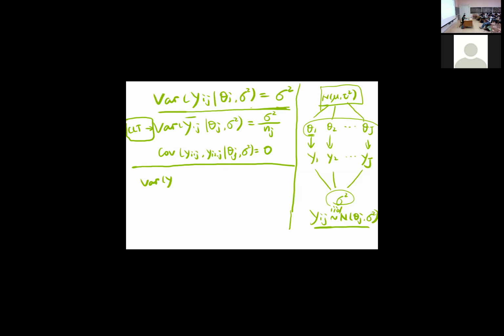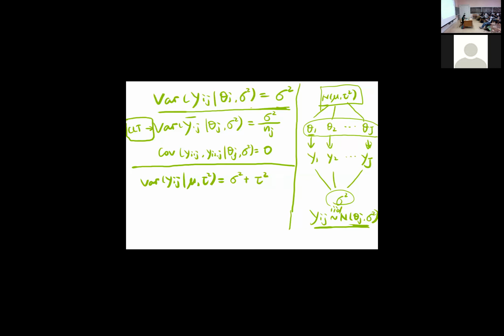If you have done it correctly, in the hierarchy, once you don't condition immediately on the parameter in the model, but one step lower, the variance of Yij given mu and tau squared is going to give you sigma squared plus tau squared.